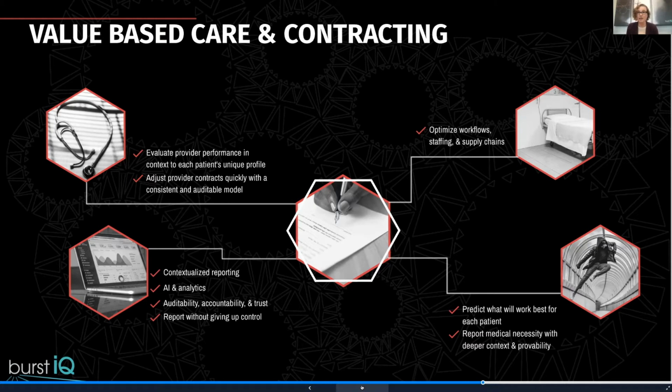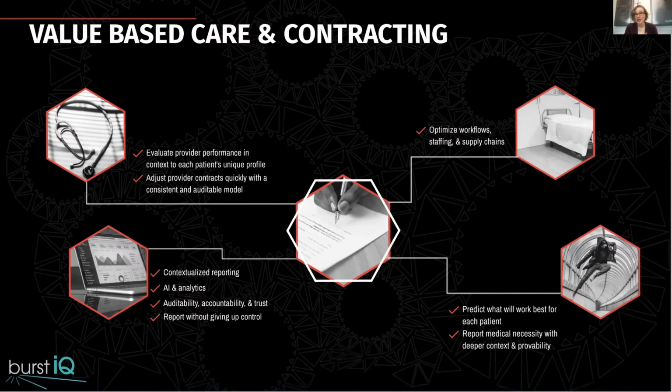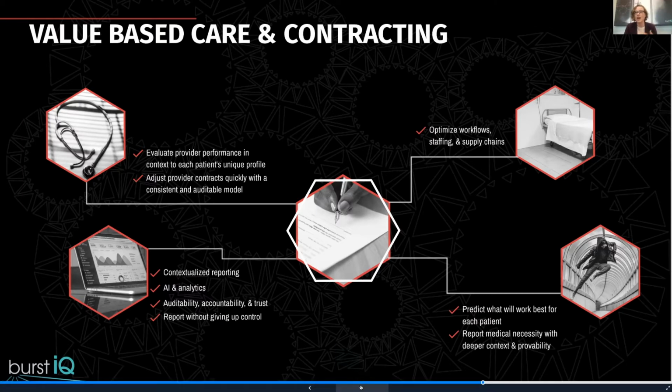So payers, on the other hand, are trying to understand how to optimize their coverage options based on this deeper view of what would work best for each individual person. They have lots of claims data, but they struggle to get a hold of clinical and demographic data that would help them do this kind of analysis.